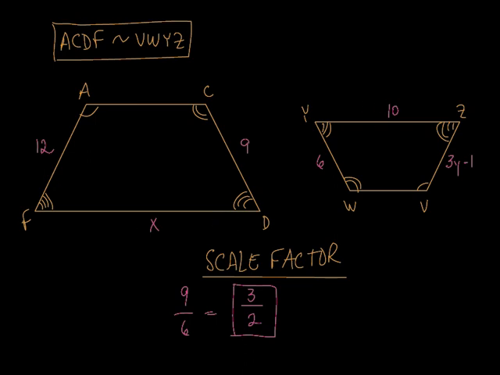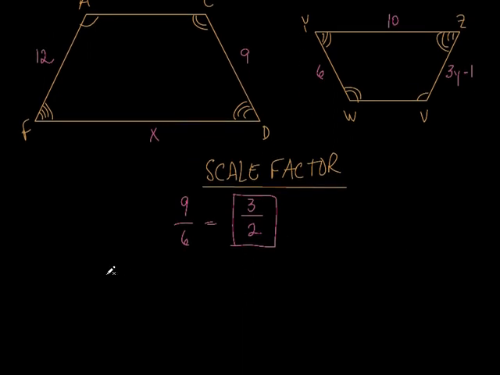So I can write x over 10. What's x over 10 going to equal? Remember, all the sides equal 3 over 2. So x over 10 equals 3 over 2. Now, this is what we did yesterday in class. We learned how to solve proportions with cross multiplication. So watch what we do.